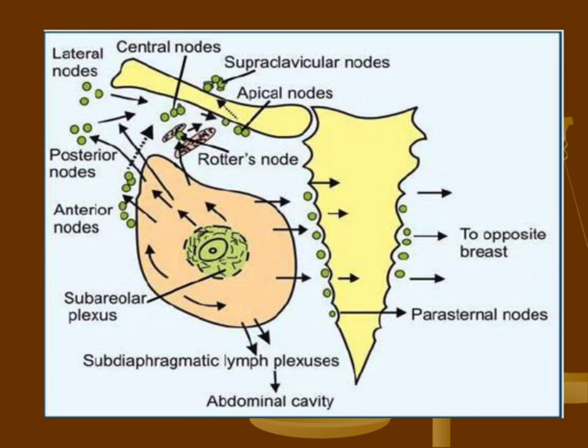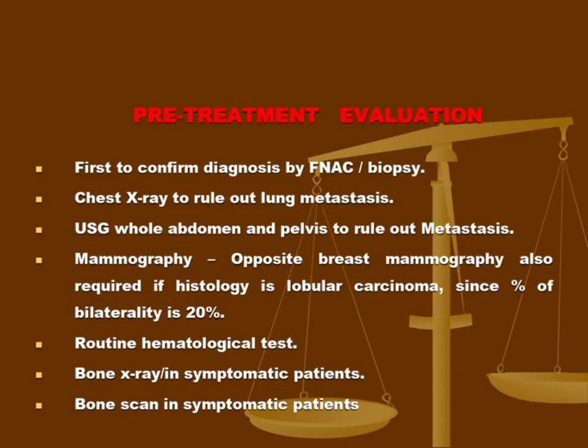But the lower and inner quadrant of the breast, as I've told you, goes to the subdiaphragmatic plexus, then enters by piercing the diaphragm and goes on the superior aspect of the liver plexus, and through that the liver is involved. So we should all know the importance of the lower inner quadrant: poor prognosis in breast cancer.